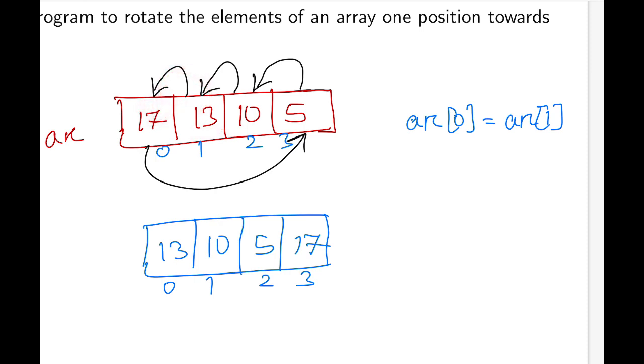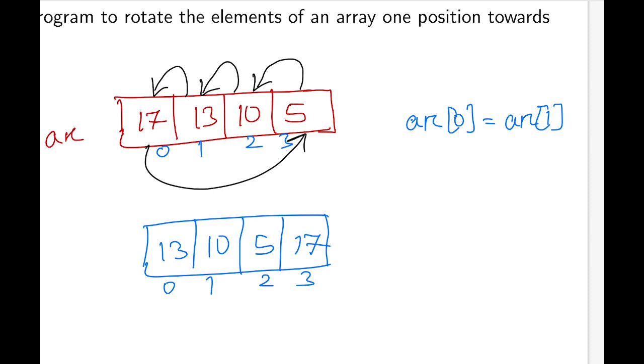Now if we write ar[0] equal to ar[1], then 13 comes to here. So the value of 17 is going to be lost, because 17 is overwritten here. That means 17 is overwritten and we are losing the value of 17. So for this we can use a temporary variable that is going to store ar[0].